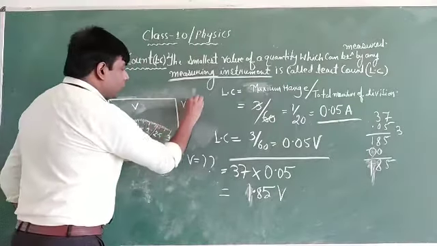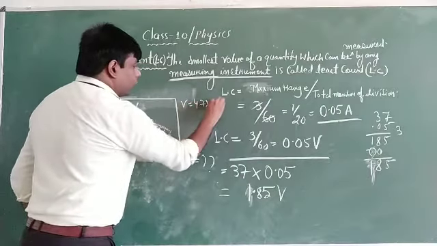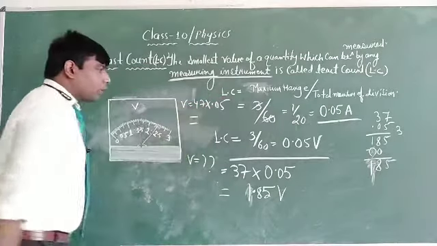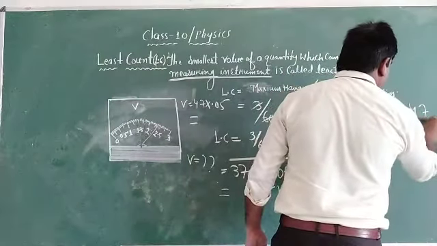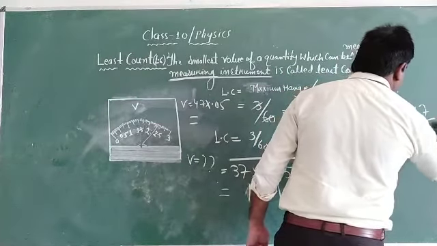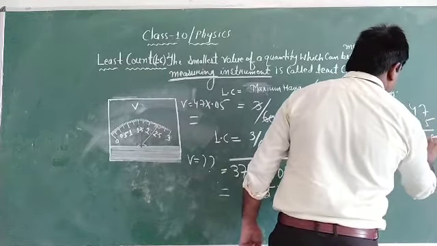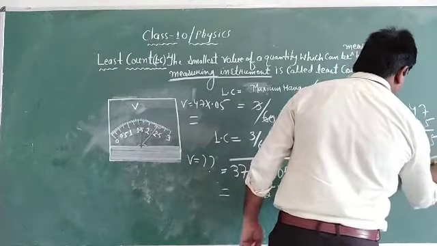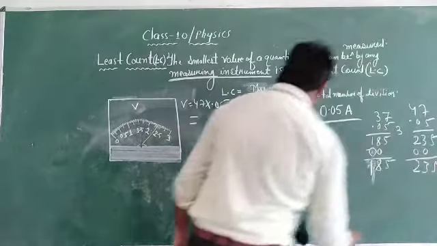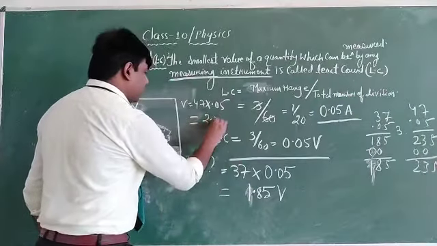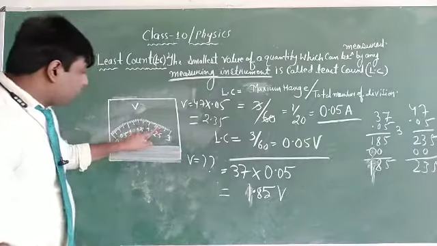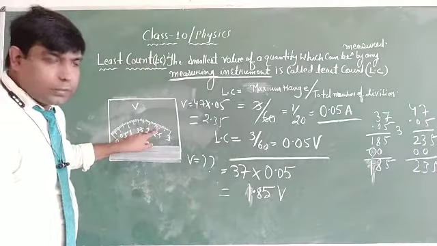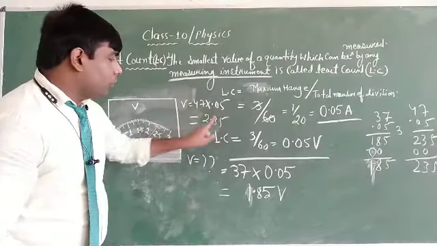So the voltage will be 47 into 0.05. Just calculate, right? That is 2.35 volt. See here, it is between 2 and 2.5, and exactly when it is lying at the 47th division, our value is 2.35.